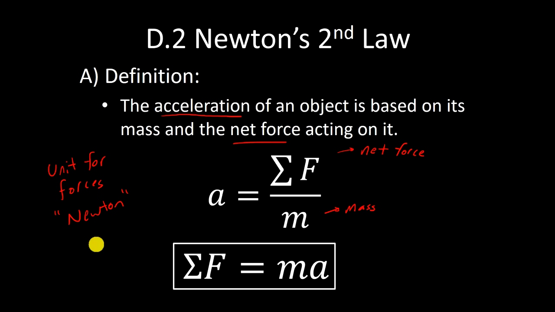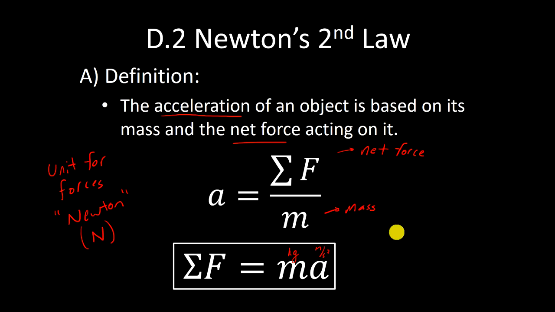The SI unit for force is newtons, abbreviated uppercase N. And if you think about it, this net force, which is in newtons, must be the same unit as whatever my equation is. This is kilograms. This is meters per second squared. So a newton is equal to a kilogram meter per second squared. That's not super important. All forces, though, are measured in newtons.